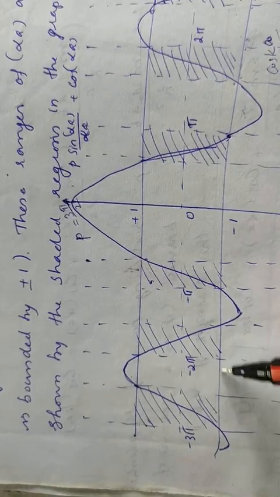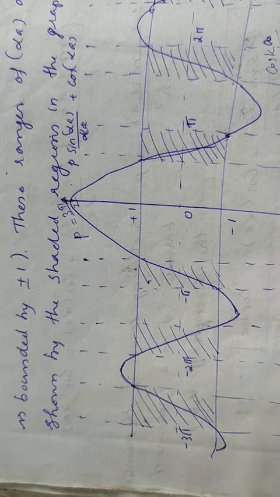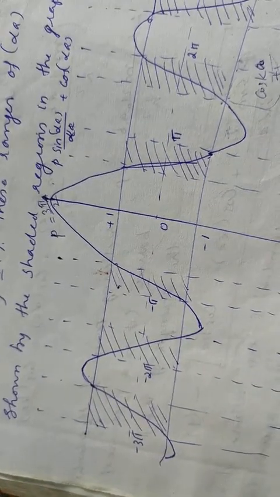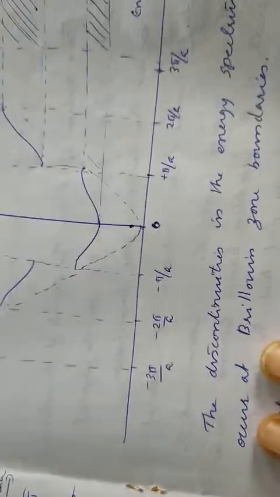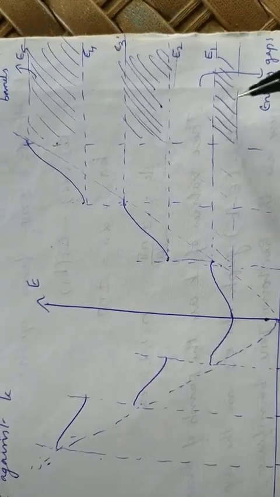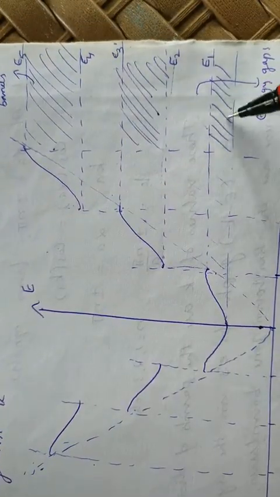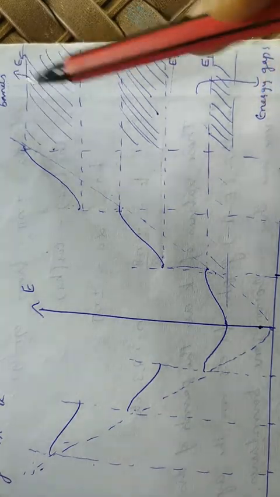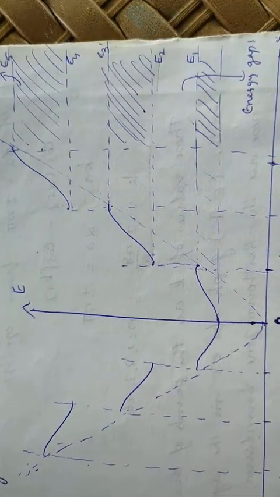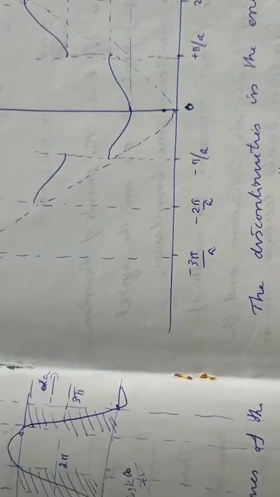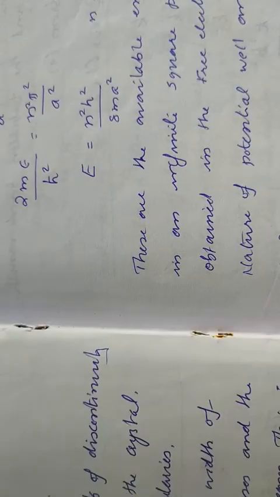Here the width of the allowed energy bands is increasing and that of the forbidden gap decreases. Yes, the allowed energy bands increase as the value of alpha a increases. And it varies according to the values of P also.